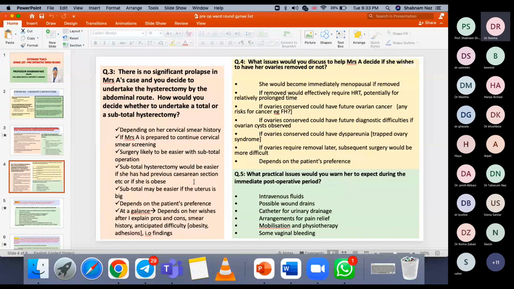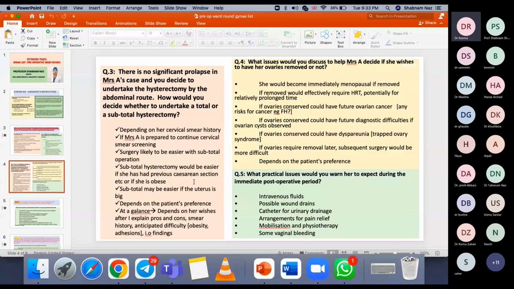Ma'am, she's a patient of 45 years. She is perimenopausal. I will discuss the pros and cons. I will ask about the family history of cancer of the breast, colon, ovary, and endometrium.